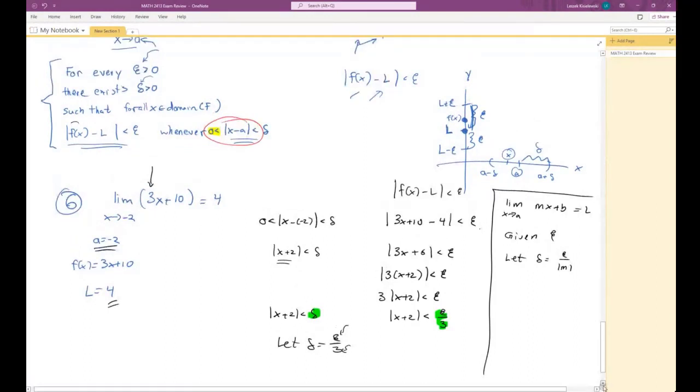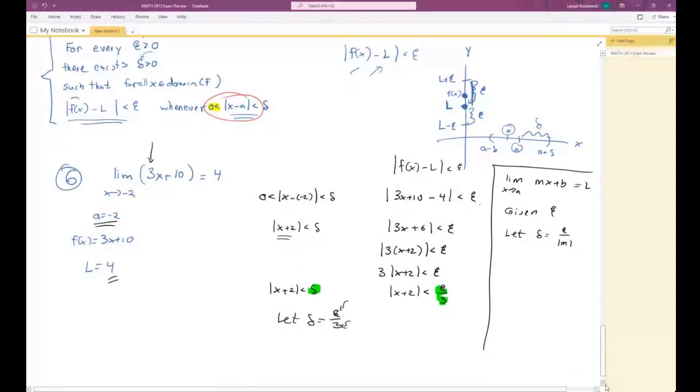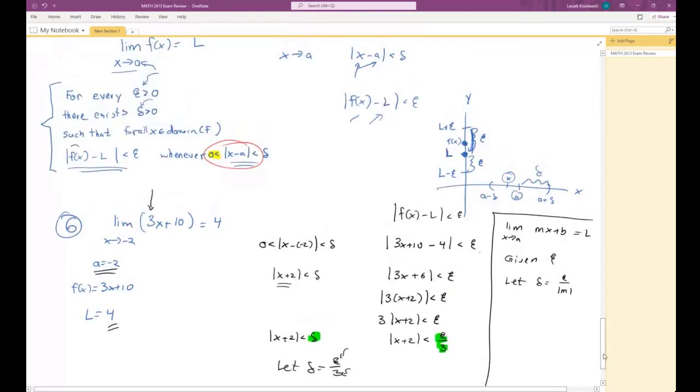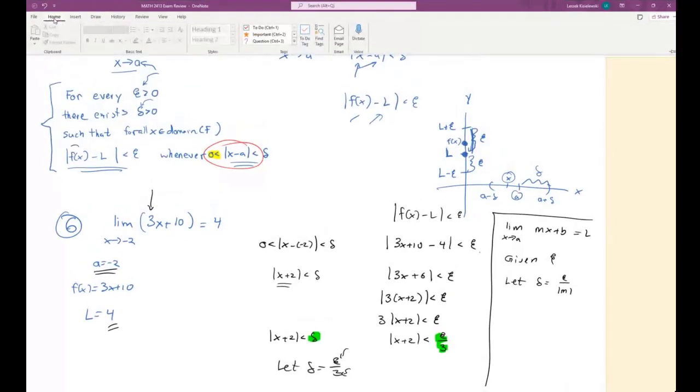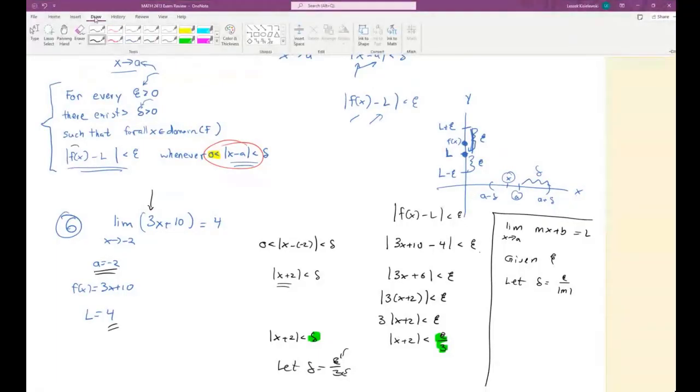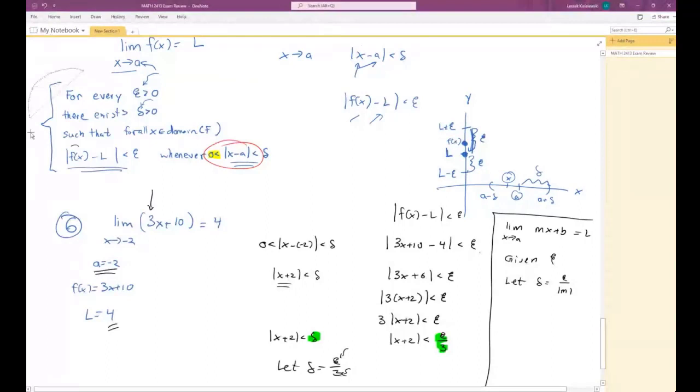They used to make you actually then prove it using the definition. If you formally want to prove it, you just use the definition as a template.